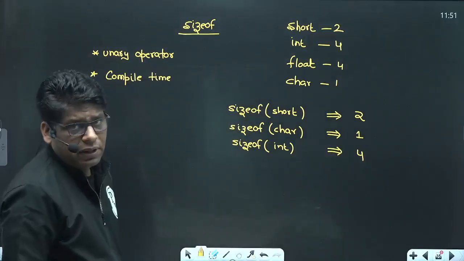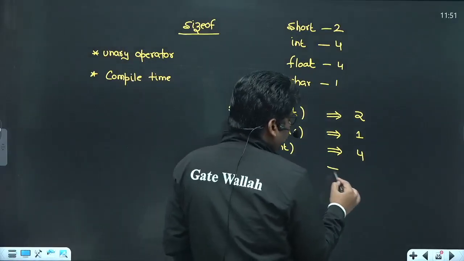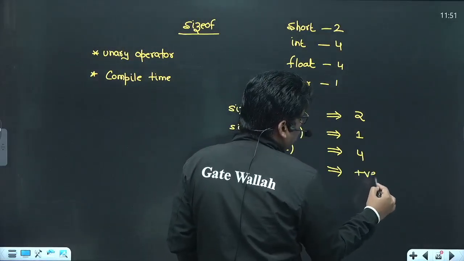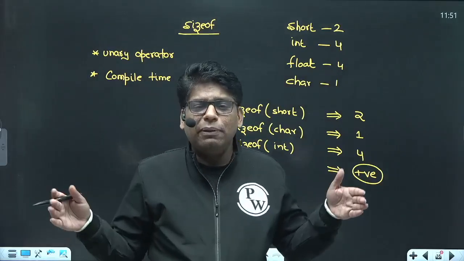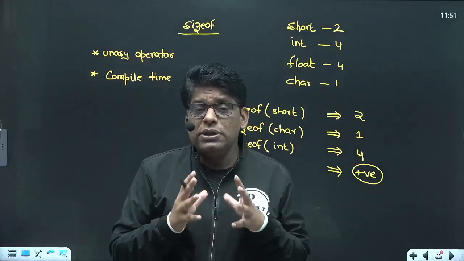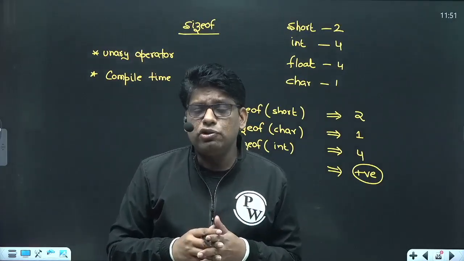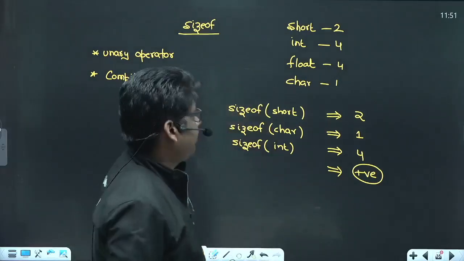Everything is okay. Now tell me, is there any possibility that sizeof can give a negative value? No, sir. How could a size inside memory be negative? That means one thing is for sure. What is the value associated with the sizeof operator? It will always provide an unsigned integer.